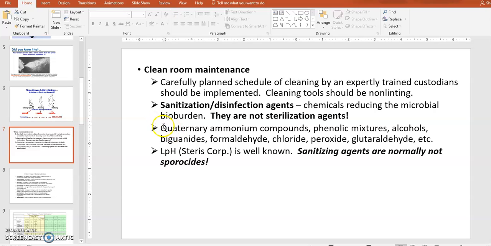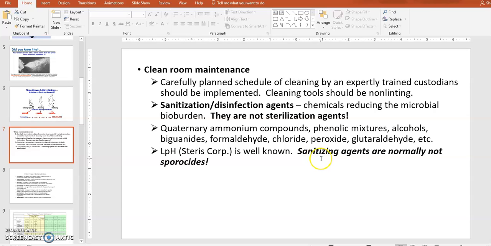And those chemicals are made out of things like quaternary ammonium compound, phenolic mixture, alcohol, biguanide, formaldehyde, sometimes chlorine, peroxide, glutaraldehyde, and things like that. Something that's toxic enough to kill bacterial cells. And maybe LpH, Steris LpH is a well-known sanitizer used in many places.